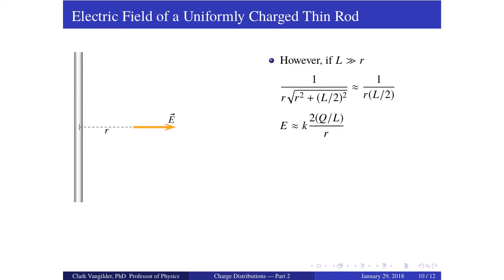Until now. What if L is bigger than r? What if the rod is infinitely long, so to speak? Well, then that basically means the r squared part is meaningless, and I get this. That's also a relatively simple equation.